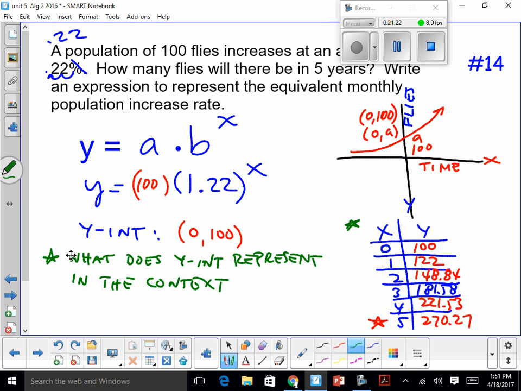Right, and that phrase there is going to be important. Either the initial amount of flies, what it started out with. Sometimes some people write the original amount of the loan or flies. So for this purpose, I write the initial amount of flies. And I'm going to add flies.